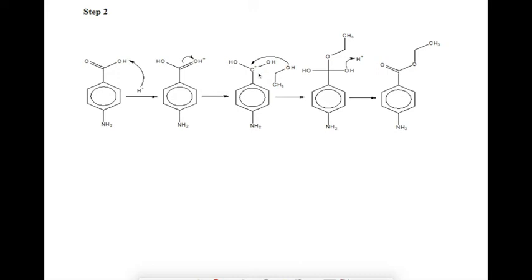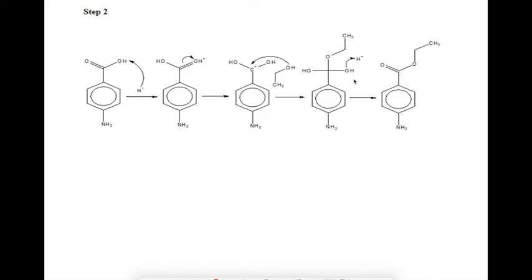Here, the ethanol is added into the reaction, so this CH3CH2O group is attached to the carbon. Here it is attached, and H plus from the ethanol and OH minus from the para-aminobenzoic acid get removed and it will liberate one water molecule.